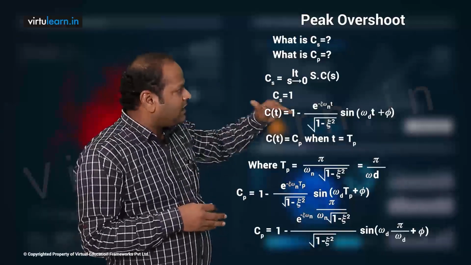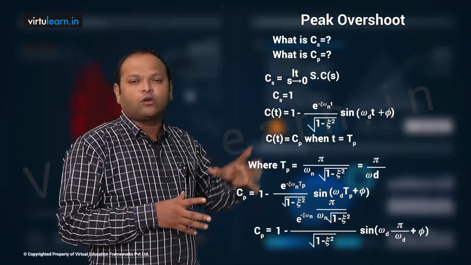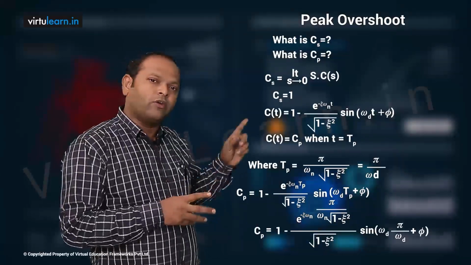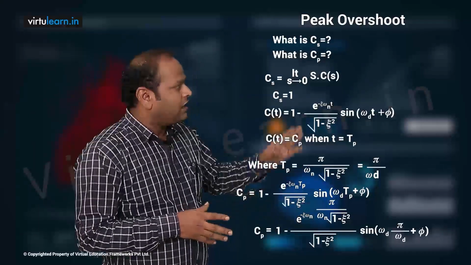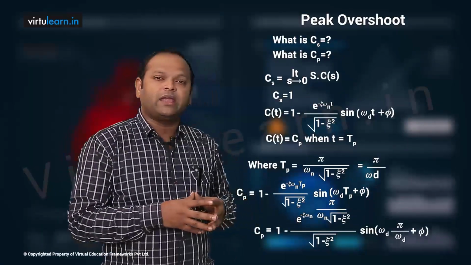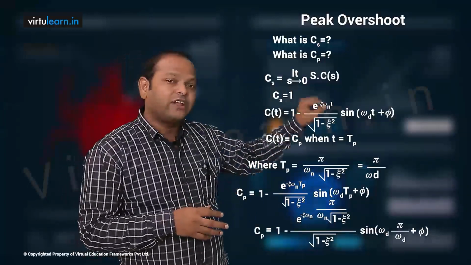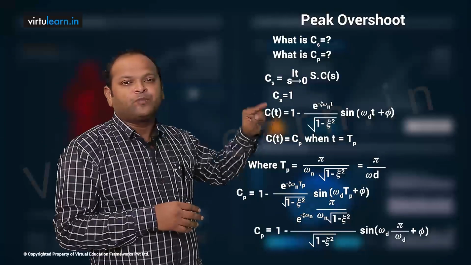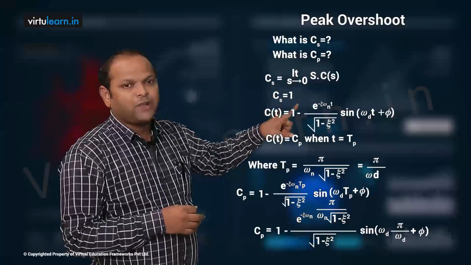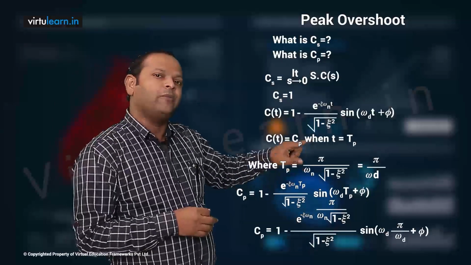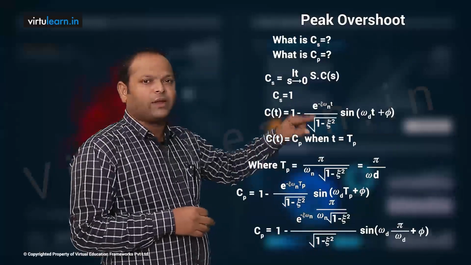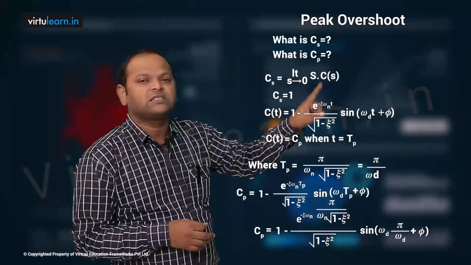Similarly in the denominator we have under root of 1 minus zeta square, and we have sine of omega d into, in place of t again we need to substitute Tp. What is Tp there? Tp is nothing but pi by omega d. I am using omega d itself because omega d I can cancel. Therefore omega d, plus phi.